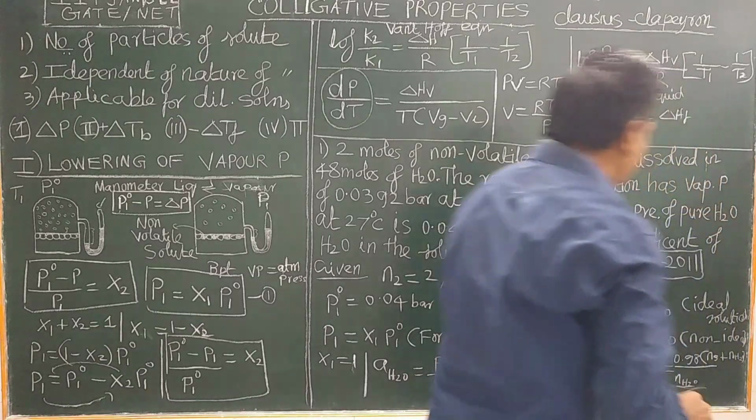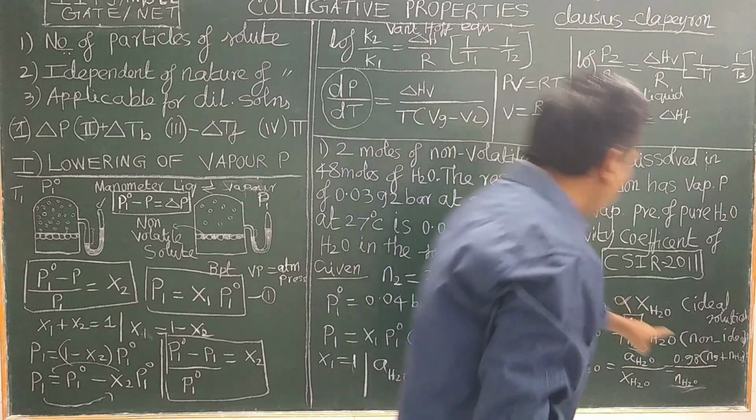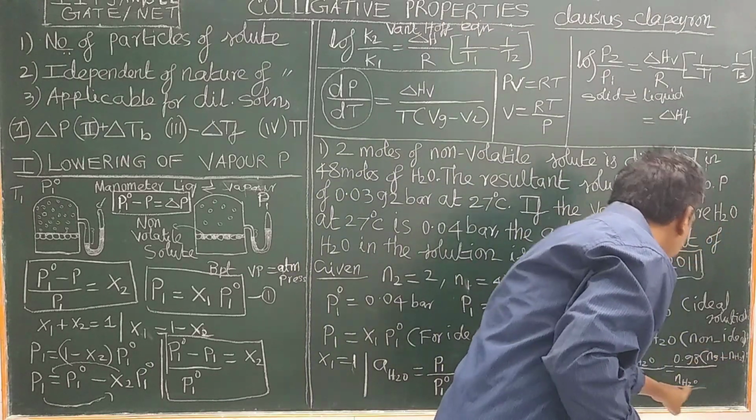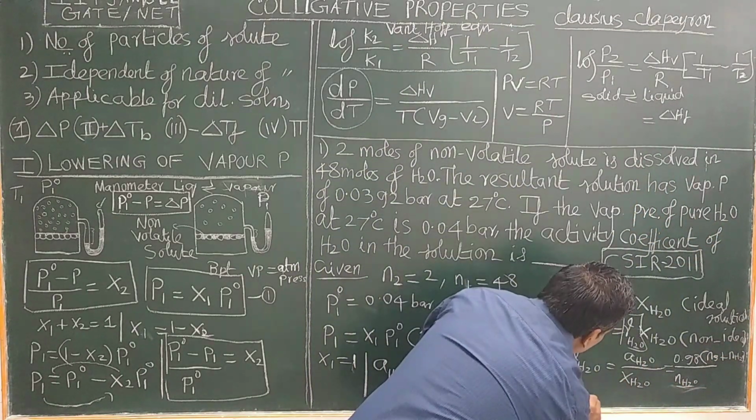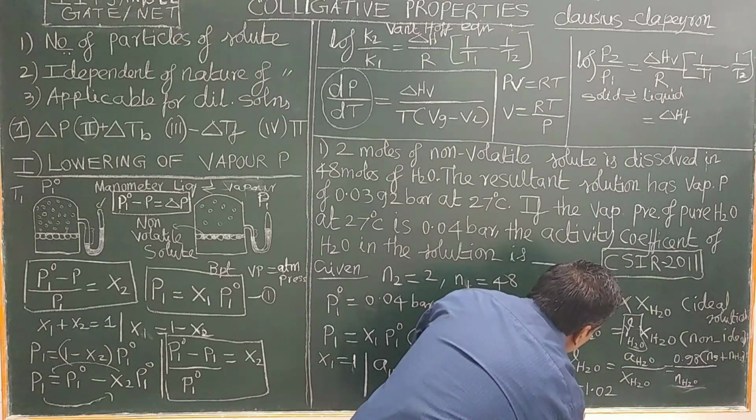They have given 2 moles of non-volatile solute and 48 moles of water, and if you calculate this you get 1.0, the activity coefficient.